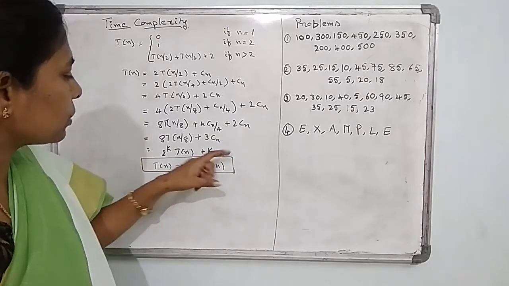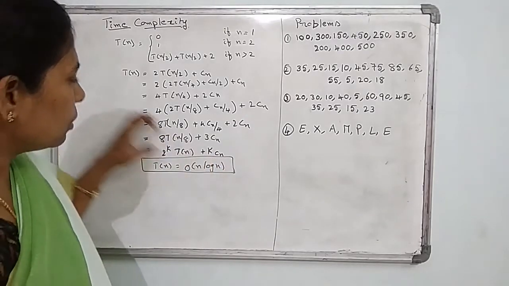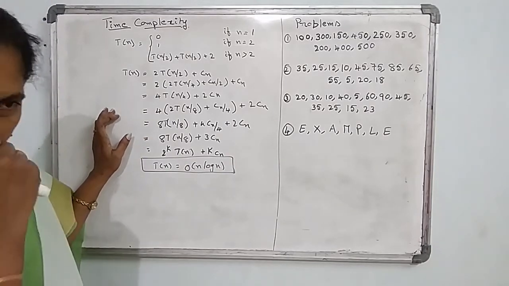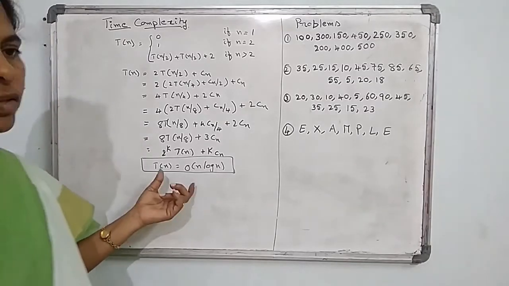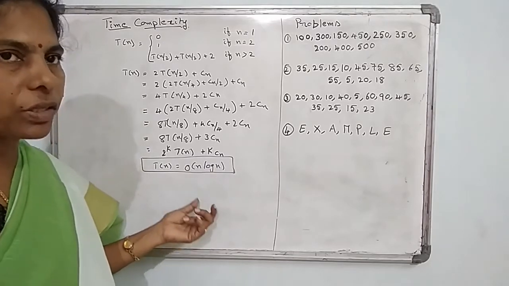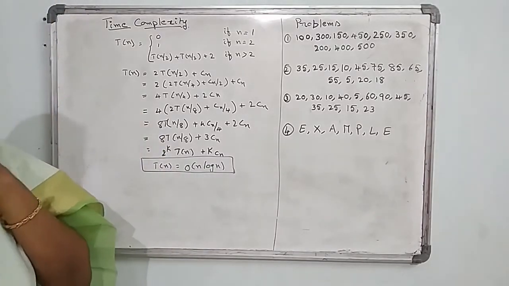Generally, you can write this as 2 power k times T(n) plus kcn. So this is the time complexity of this method. The overall complexity is represented by order of n log n. The complexity of the method comes under order of n log n.